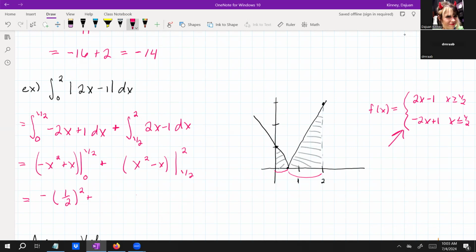Plus. Okay, now I plug in 2, so 2 squared minus 2 minus 1/2 squared plus 1/2. And I am going to let my calculator do the work.